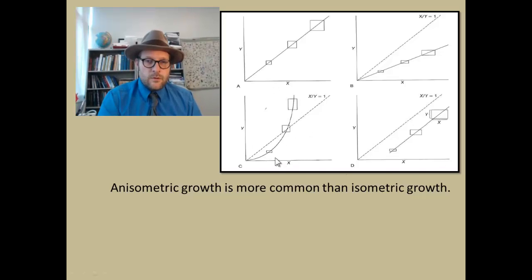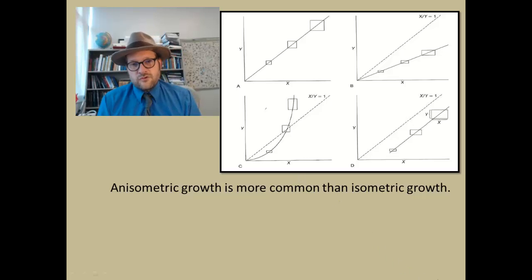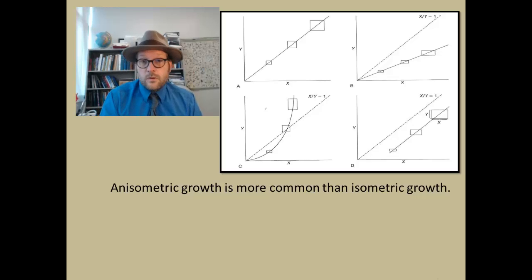Very common, you'll see growth trajectories like C, where the slope will change through time. Sometimes you can have a combination of these things where the slope is not 1 and totally equal. So you can have organisms getting wider because as they get bigger, they get heavier and they need to support that additional weight. A lot of times it's functional constraints that make these organisms not behave like an isometric growth pattern. So these are things to be aware of when we look at ontogeny.